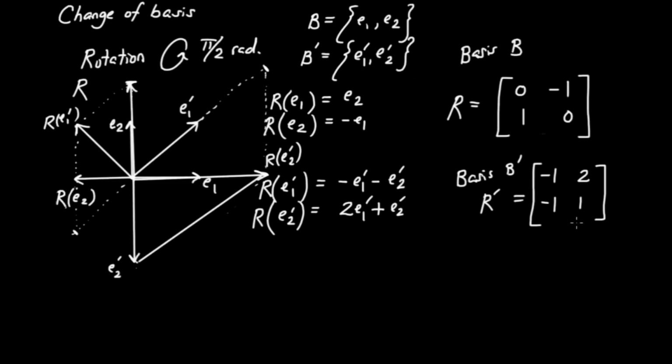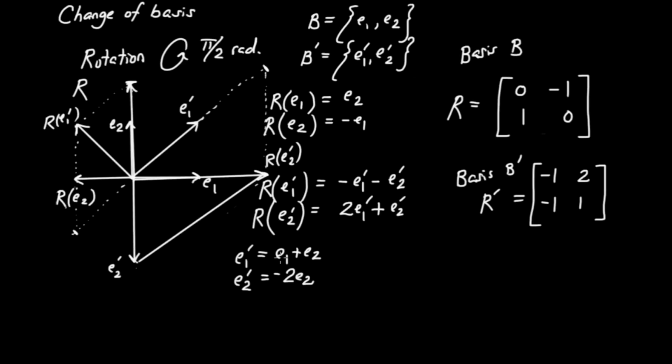Well, the way to do it is to recall the relations between these two bases. And this is going to be the so-called change of basis topic in linear algebra. But it's easily conceptualized once you remember what's going on here in terms of linear transformations. So remember how we set up E1 prime and E2 prime. So E1 prime was simply the sum of E1 and E2. E2 prime was minus 2 E2.